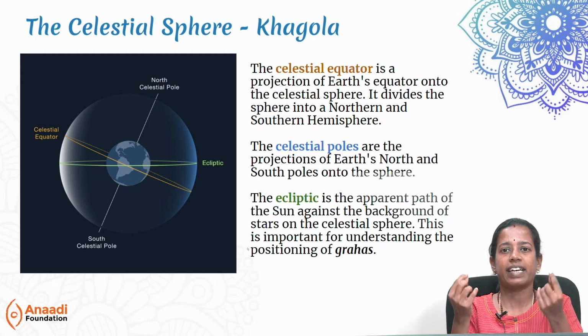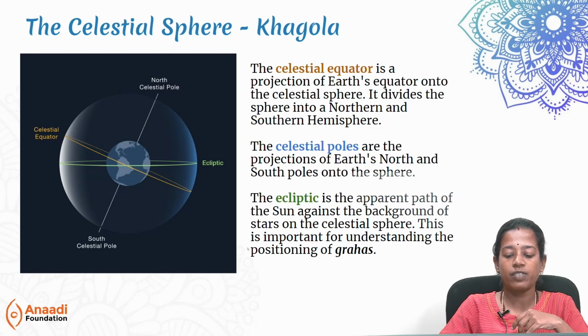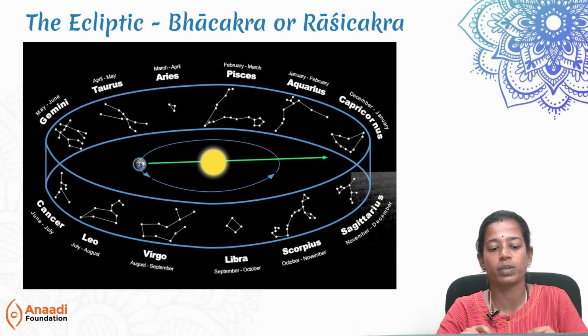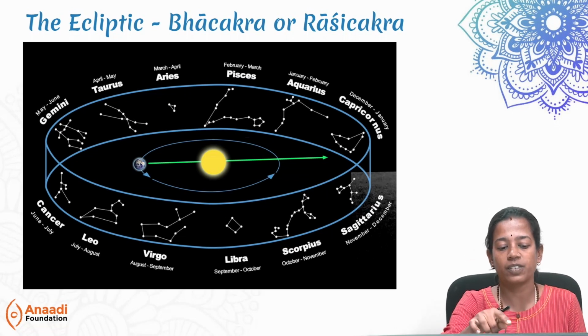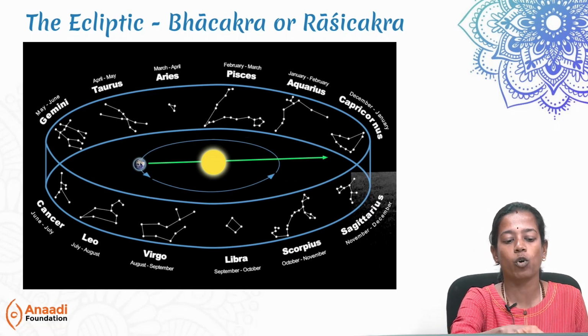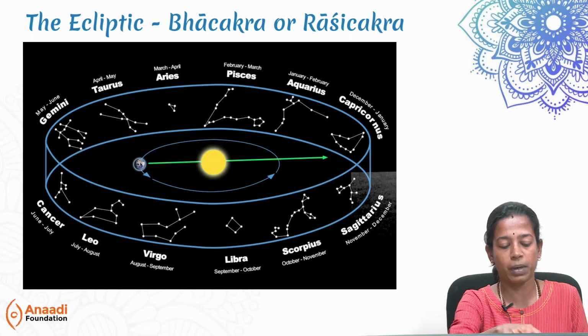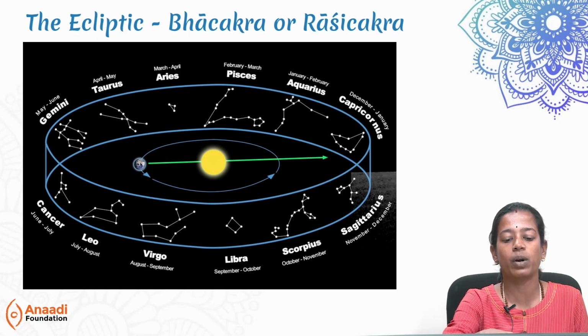How is this green color ecliptic line formed? As we go around the sun in an anti-clockwise direction, look at this figure: there is the small blue spherical thing, that's Earth. The center one is the sun.